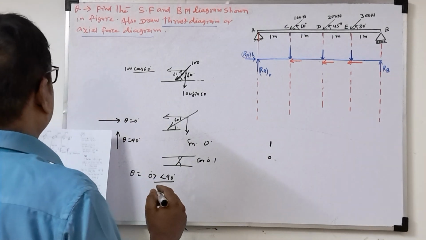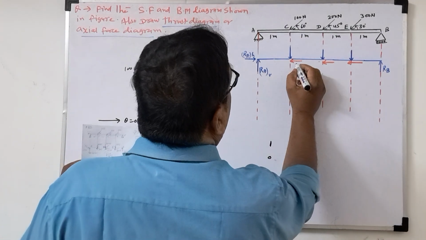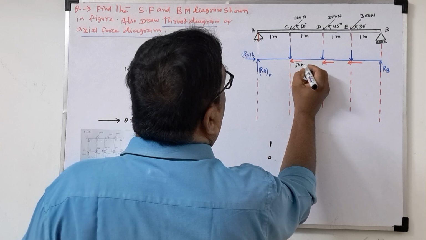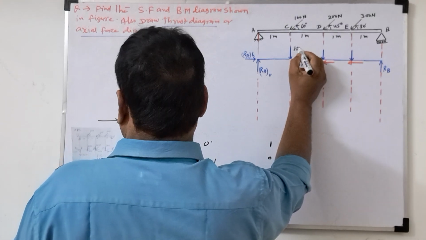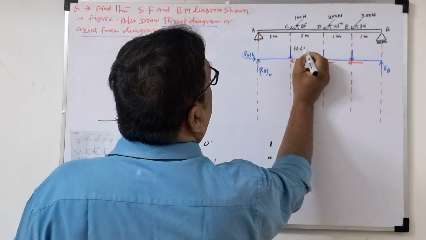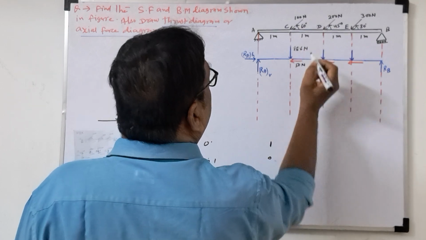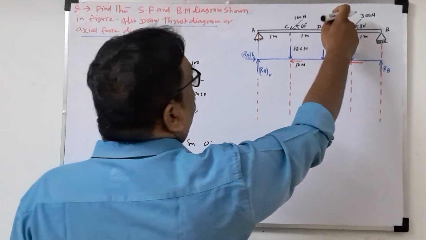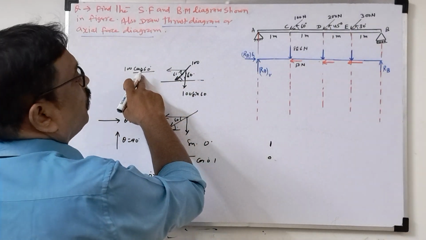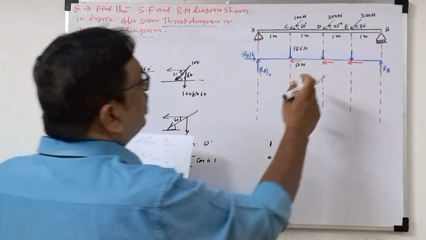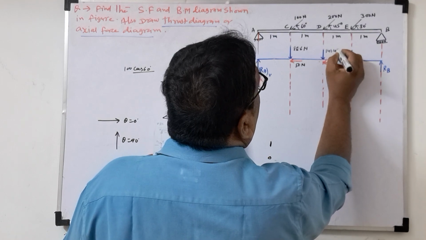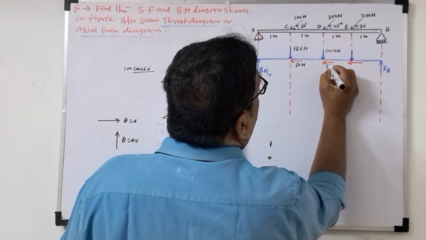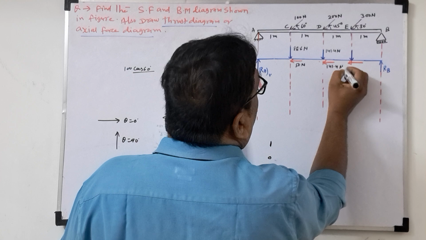100 cos 60 is coming 50 Newton, and the vertical is coming 86.6 Newton. Similarly for 200, cos 45 and sin 45 both come the same, 141.4 Newton each.